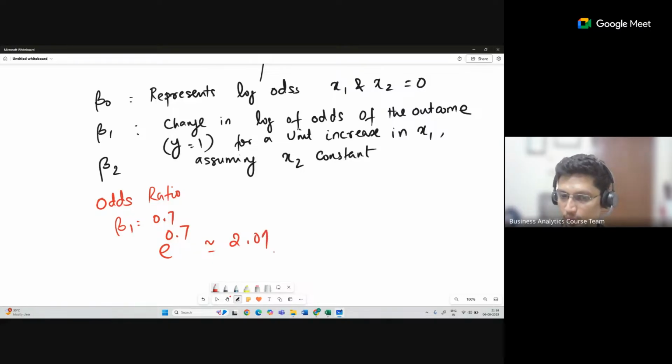So if you increase x1 by 1 unit, assuming x2 constant, the odds of the outcome increase by 2.01. Is this fine?